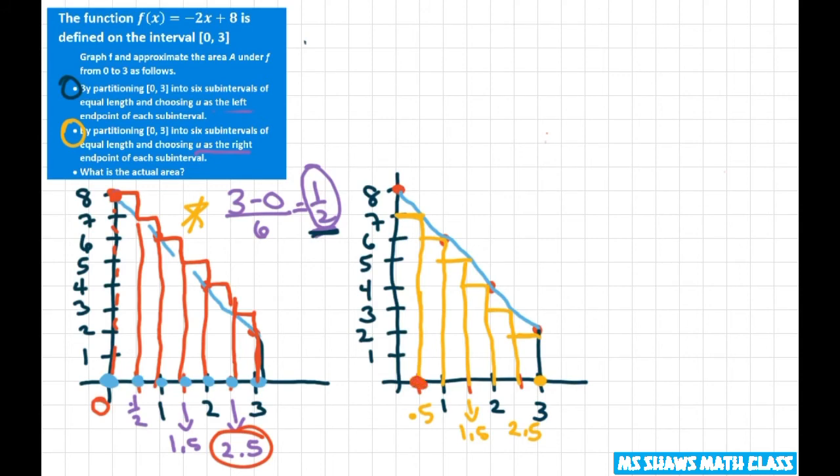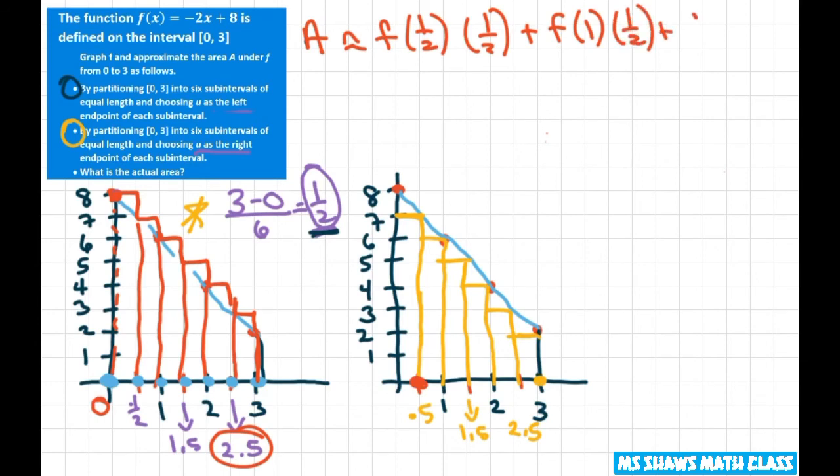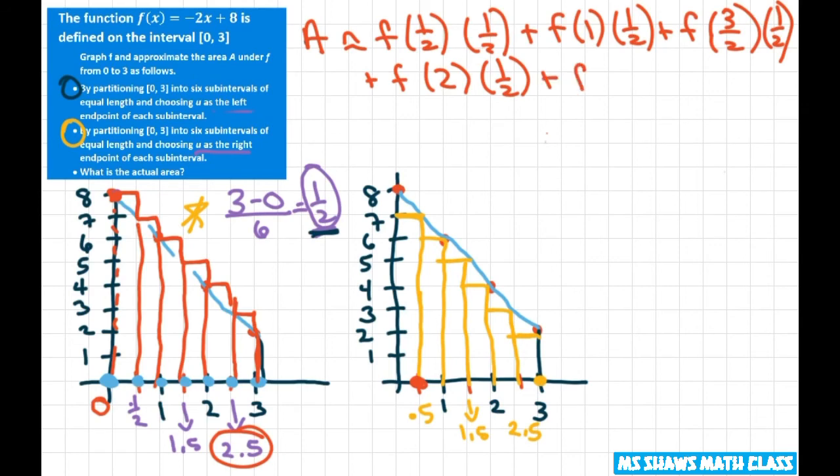That means we're starting at 0.5. So our area is approximately f of 1/2 times 1/2, plus f of 1 times 1/2, plus f of 3/2 times 1/2, plus f of 2 times 1/2, plus f of 5/2 times 1/2, plus f of 3 times 1/2.